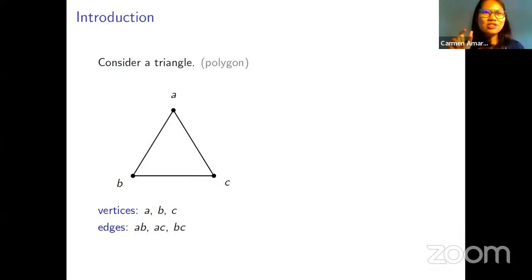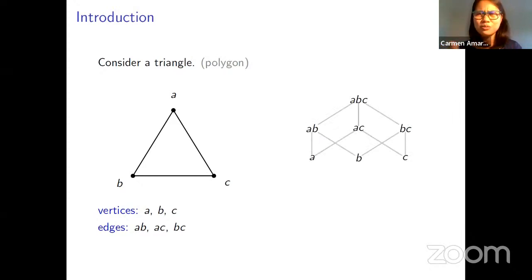Using that incidence relation, we can then draw a diagram illustrating the relationship among the vertices and the edges. So if we list the vertices on one level, yung pinakababa, and the edges on the second level, then we can connect a vertex and an edge whenever the vertex is contained in the edge, whenever they are adjacent.